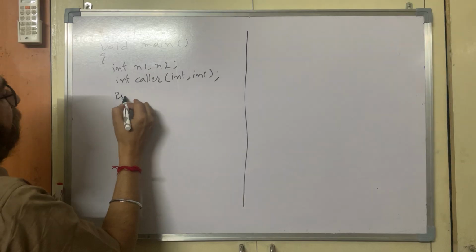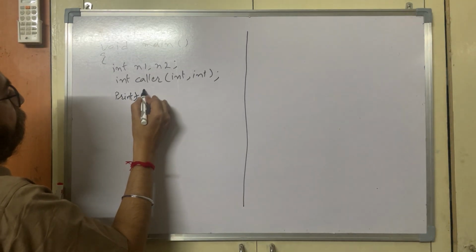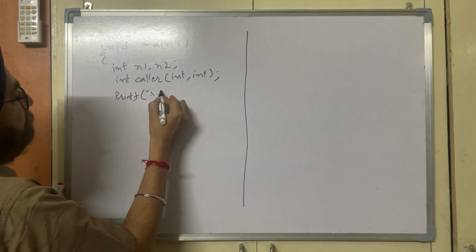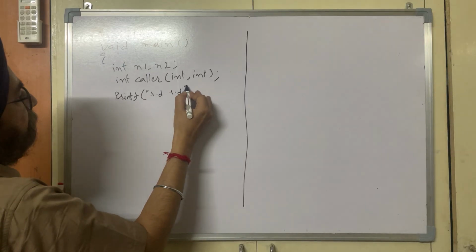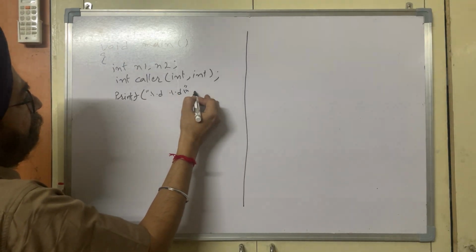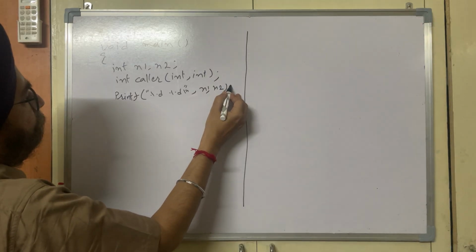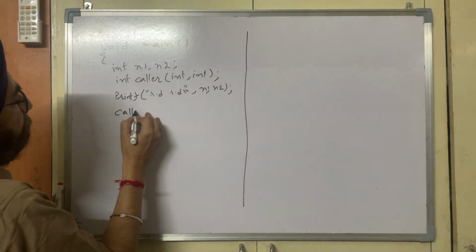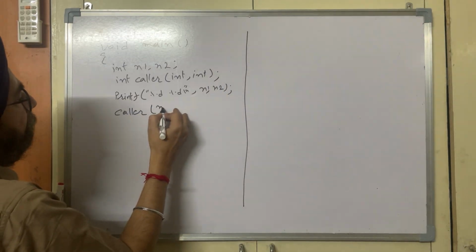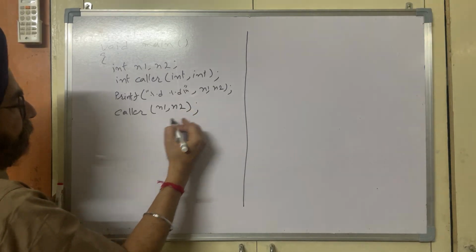I'm printing the values with printf %d format specifier, n1 comma n2, making the caller statement n1 comma n2.